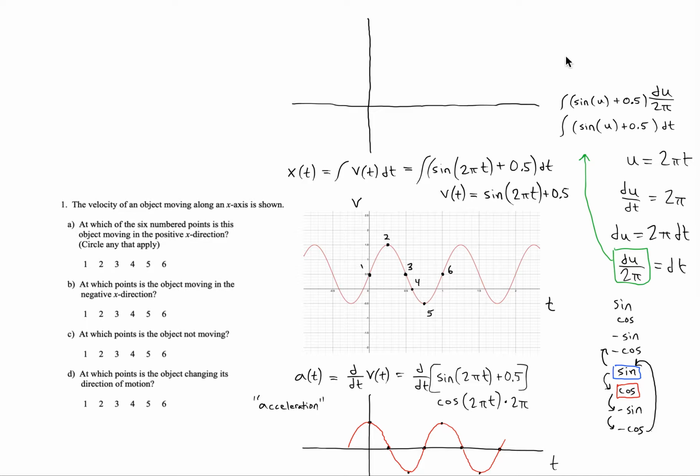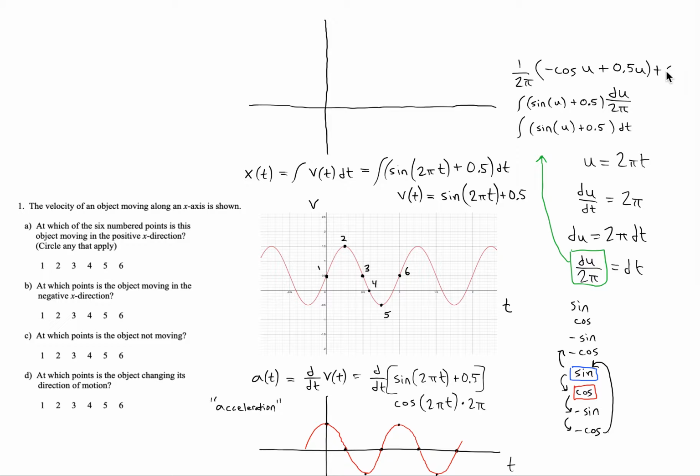Alright, so now we're going to have 1 over 2 pi times negative cosine u plus 0.5 u, and then plus c.